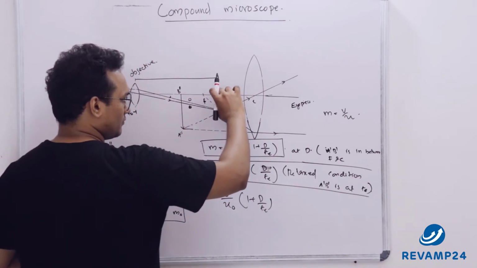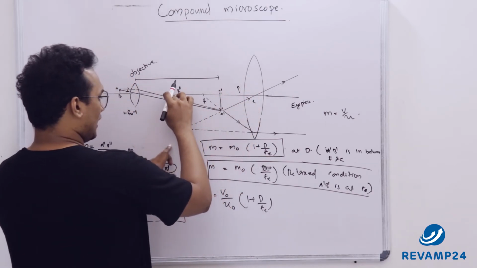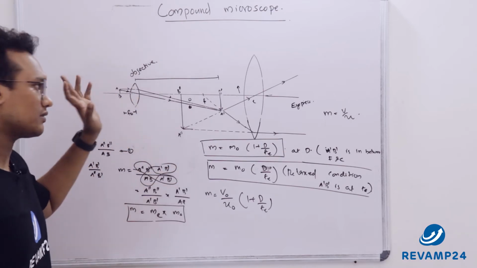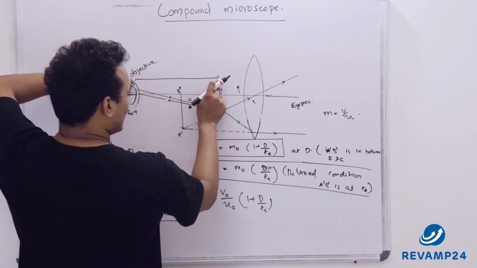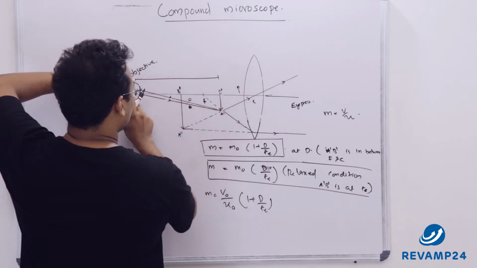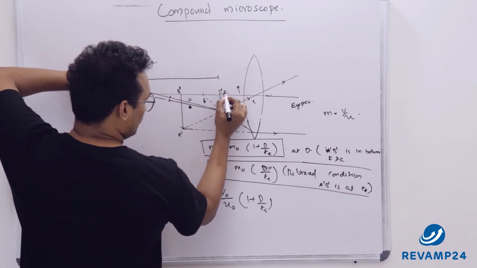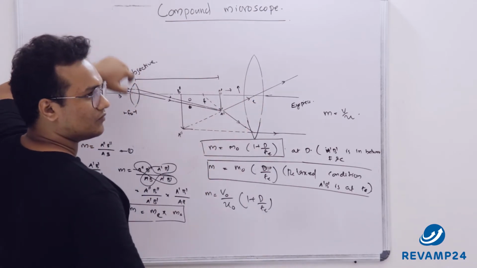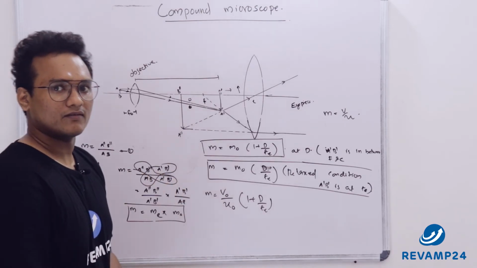So just visualize that if this is somewhere here, then we will have a much enlarged image here. Or simply I can say that we would always prefer this distance to be the total distance in between these two lenses. So when this image moves closer to this lens, we are having the highest enlargement, and that is how we are going to set our microscope.